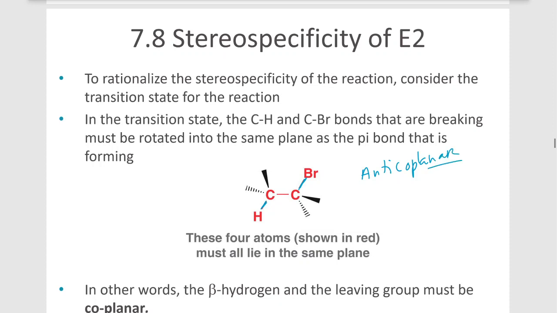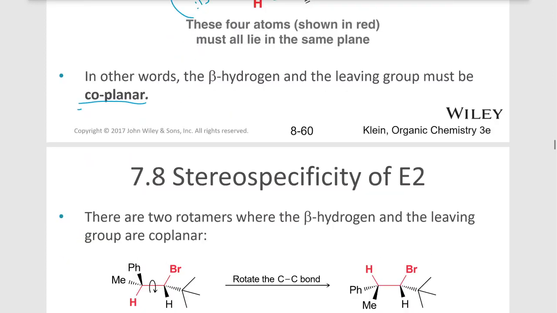That's because when the base is pulling off this hydrogen, we're forming this double bond. The leaving group is leaving in this transition state, and all of these atoms have to lie in the same plane for this to happen. So we pull off the hydrogen, form the double bond, kick out the leaving group. Everything's in the same plane, so the term is anti-coplanar.